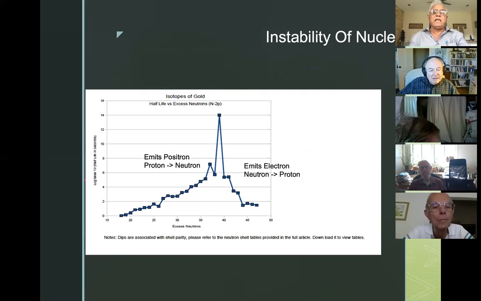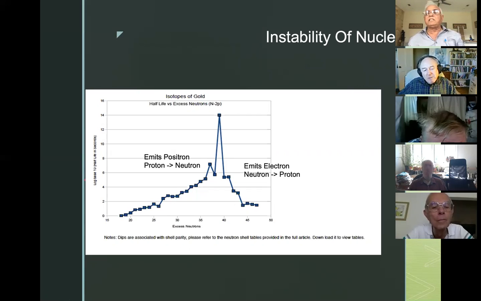So something is happening. From this picture and the few slides, it is understood that two different mechanisms are giving stability, one for odd Z and one for even Z. So what is it?